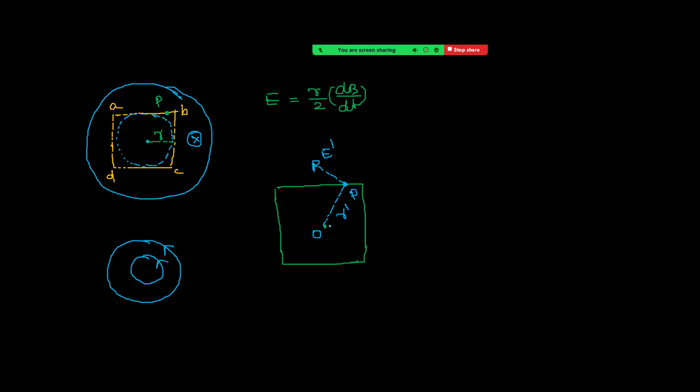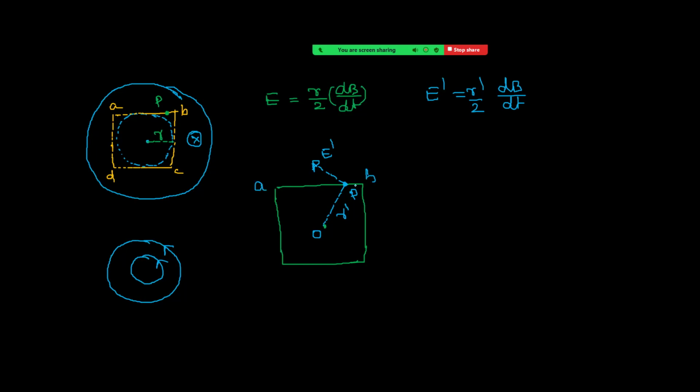That means if I imagine a circle of radius r dash, then E dash will be r dash by 2 into dB by dt, because this point is inside the cylindrical region.